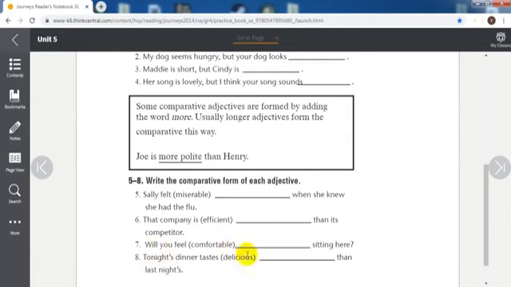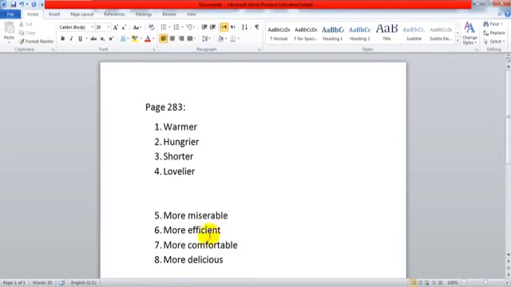Will you feel comfortable sitting here? Or will you feel more comfortable sitting here? Number 8. Tonight's dinner tastes delicious than last night's. So we're going to change delicious to more delicious than last night's. Great job. So here you got from 5, 6, 7, 8. More miserable, more efficient, more comfortable, and more delicious.